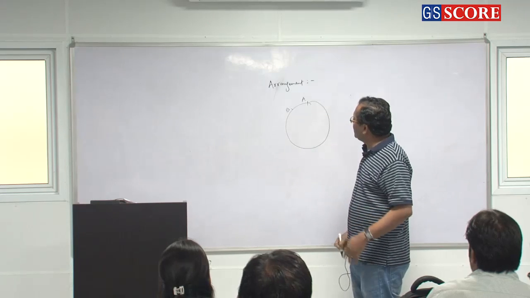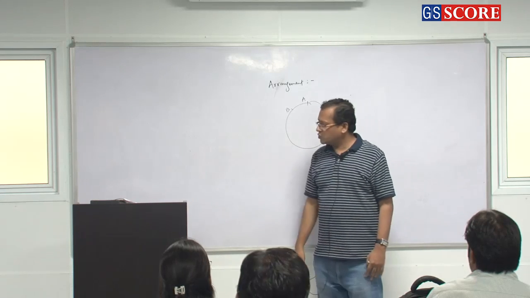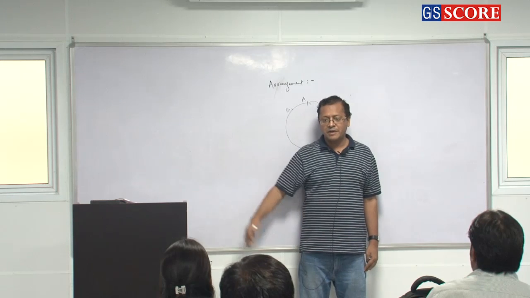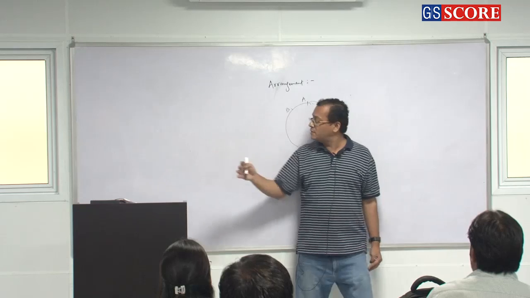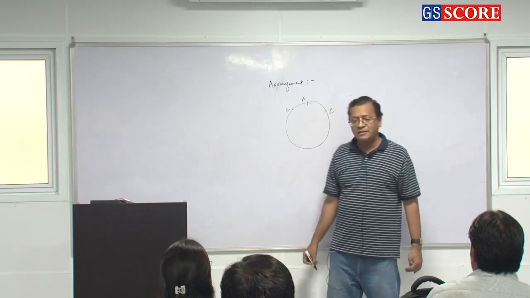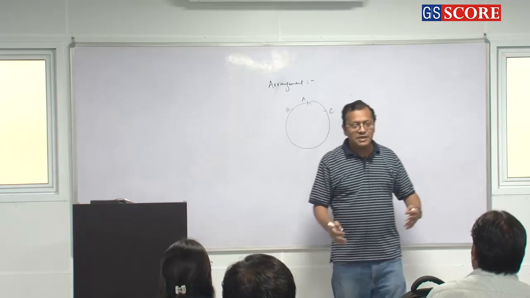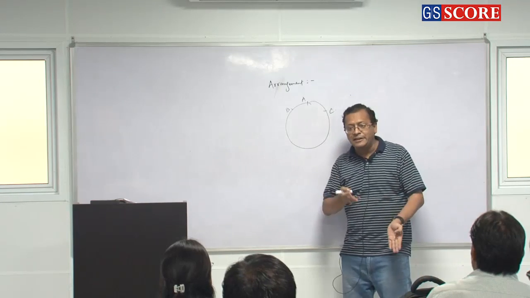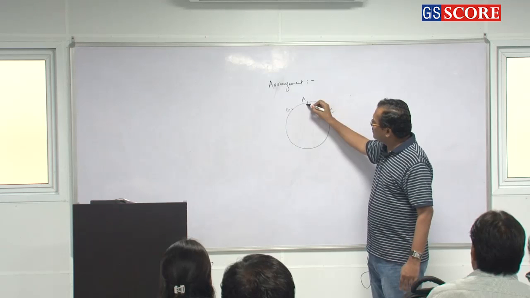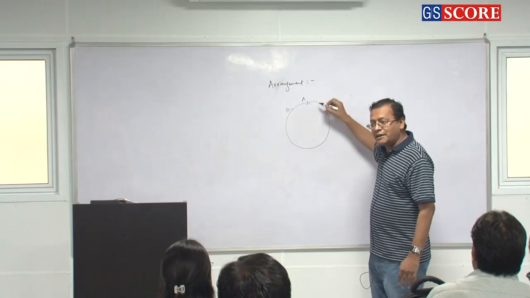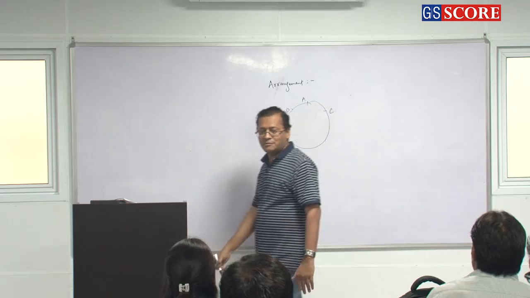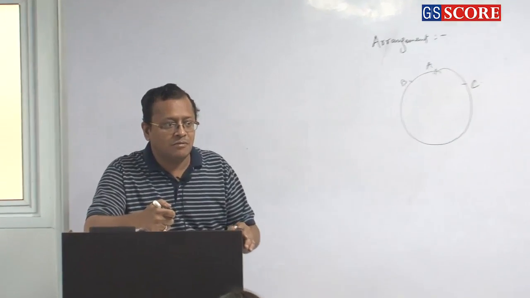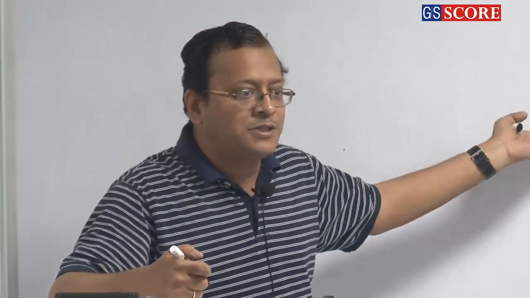Now if this is A, my B will be on my right side and C on my left side, which means in circular arrangement the thing is just opposite. If everybody is facing the center, right is anti-clockwise, left is clockwise. Clear or not? That we just saw yesterday.